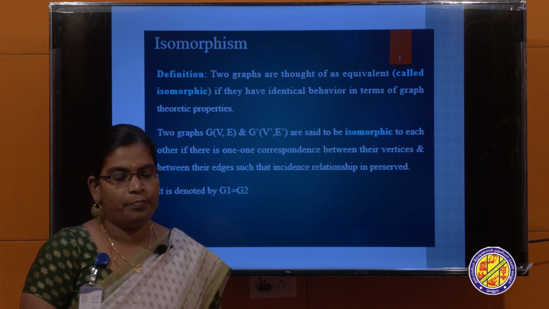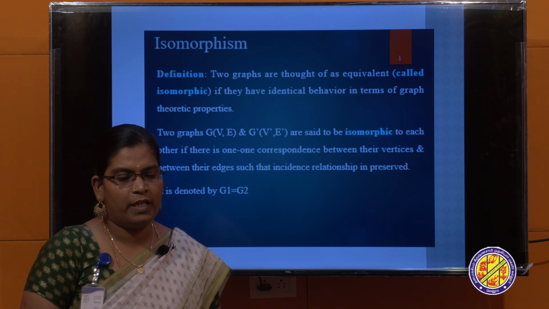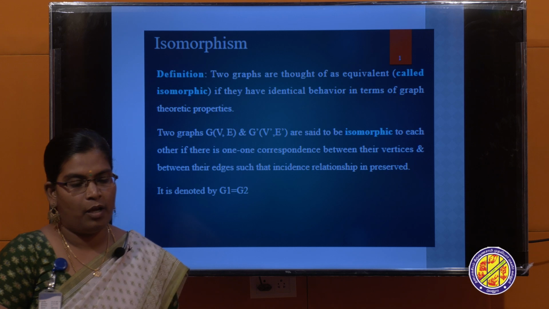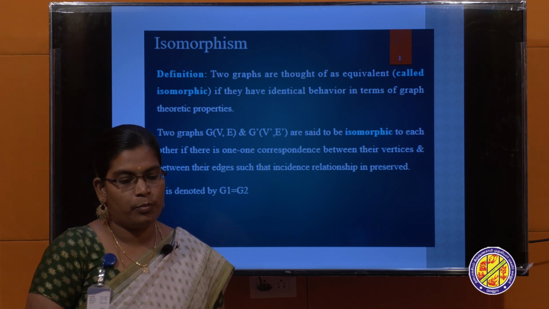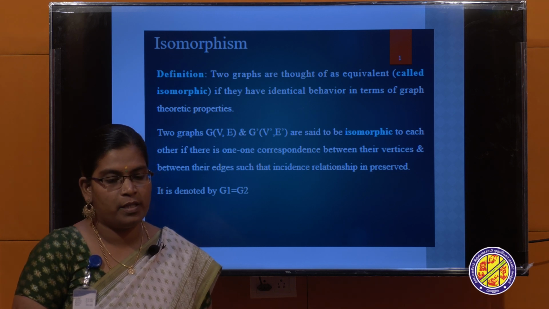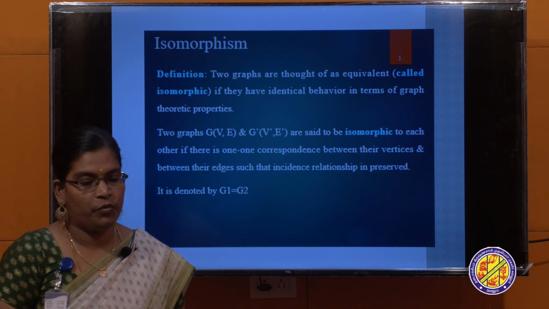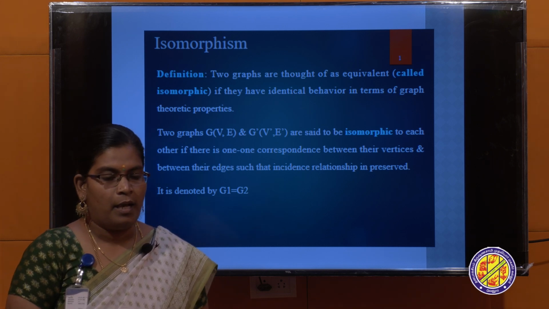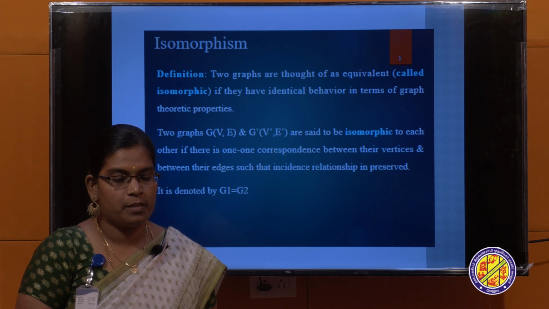Isomorphism. Two graphs are thought of as equivalent, called isomorphic, if they have identical behavior in terms of graph theoretic properties. Suppose we consider two graphs G of V comma E and G dash of V dash comma E dash. These are said to be isomorphic to each other if there is a one-to-one correspondence between the vertices and between the edges such that the incidence relationship is preserved.